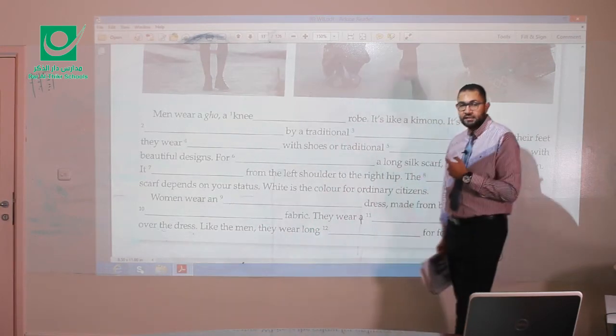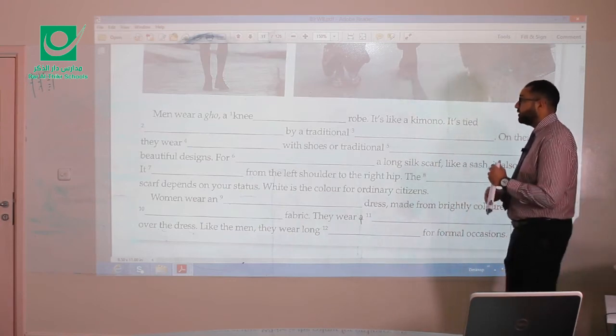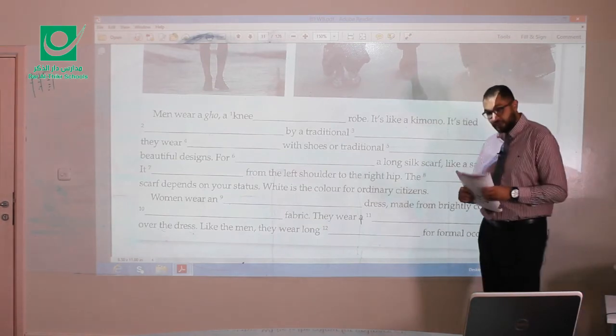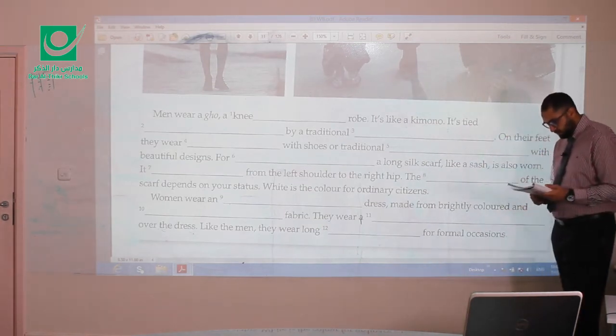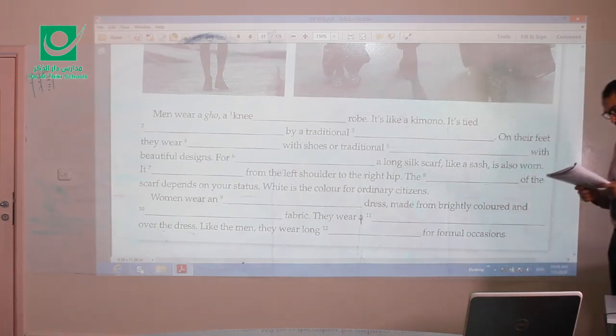And we look at the text itself. Number 1, men wear a gu, and this gu is a knee-length robe, thank you. It's tied at the waist by a traditional handmade belt.